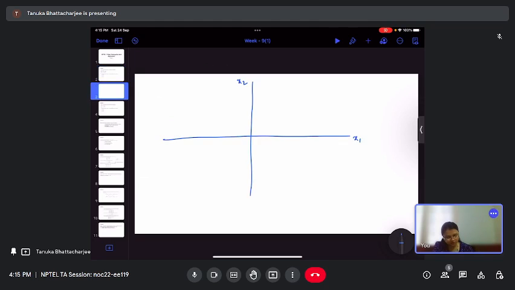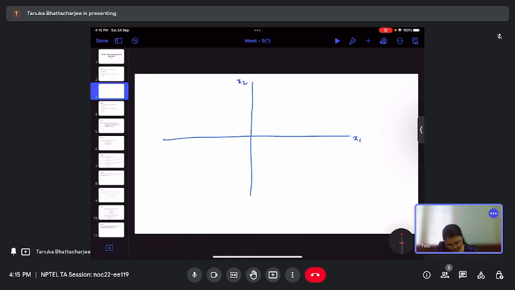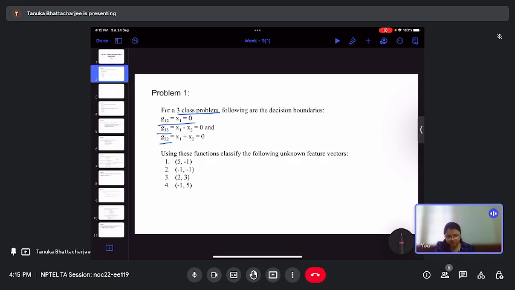So that straight line is basically this one along the vertical axis. This is G12.